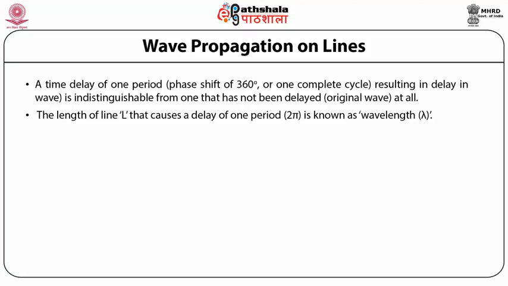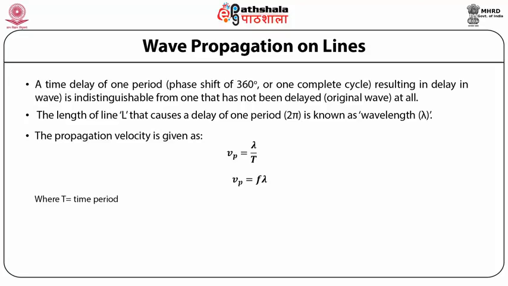of one period, 2 pi, is known as a wavelength lambda, and the voltage along the line at one instant of time is like the input sine wave with the x-axis as the distance. The propagation velocity is given by Vp equal to lambda by T, and Vp equal to f lambda, where T is the time period and f is the frequency.